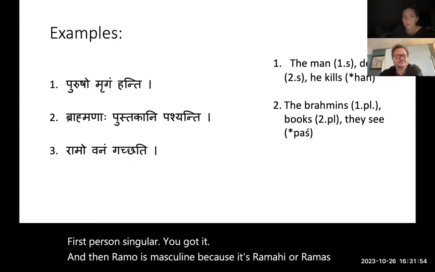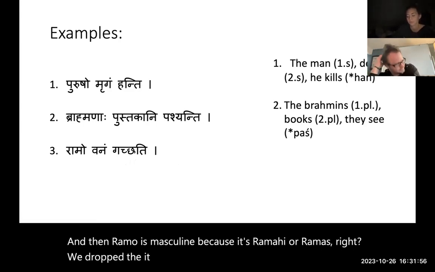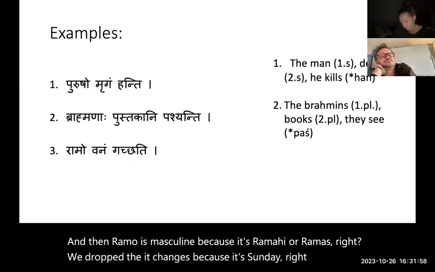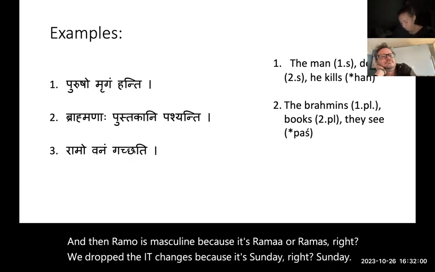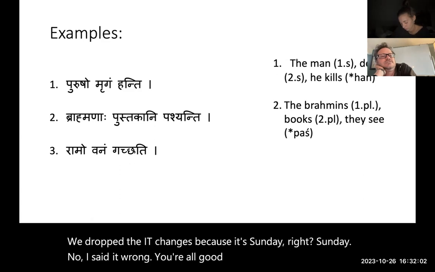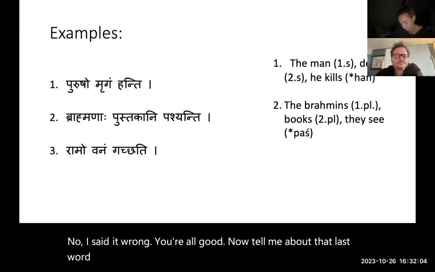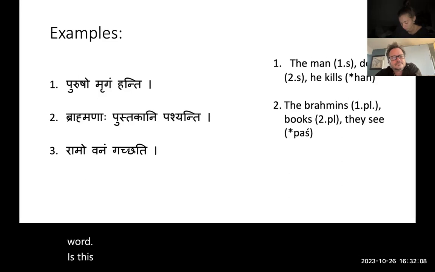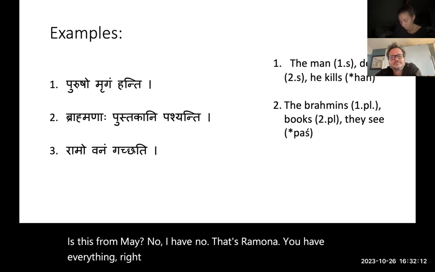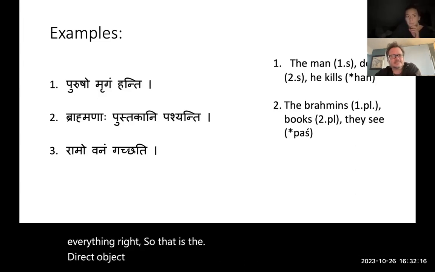We change it because it's a sandhi, right? No, you're all good. Now tell me about that last word. Vanam. So that is the direct object. Yes, so that's going to be your accusative.